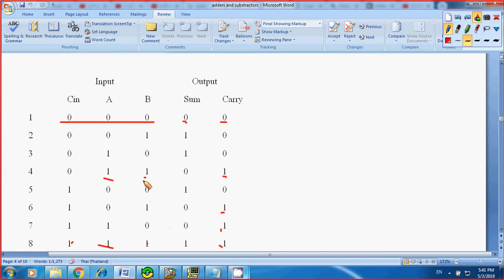Now from this point, since you have more inputs, that means your expressions for output sum and carry will have more terms in terms of your input C in, input A, and input B. When you desire a more complicated circuit, you need to apply a Karnaugh Map to minimize the terms for your output, to reduce your number of chips or ICs, or your number of logic gates.